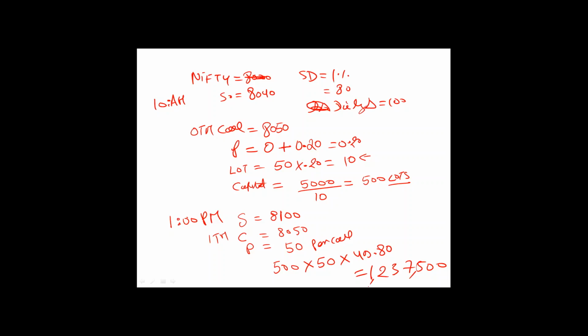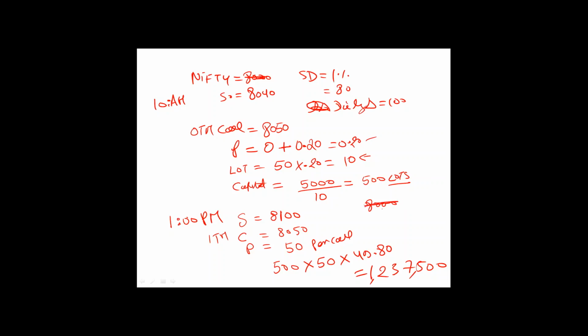And what is your maximum loss? If the price is below 50, anything could be, let's say 8,000. My maximum loss is the premium I paid. And I paid how much? 20 paisa for one. For 500 lots, I paid 5,000. So all 500 lots will become zero. That means my 5,000 is gone.